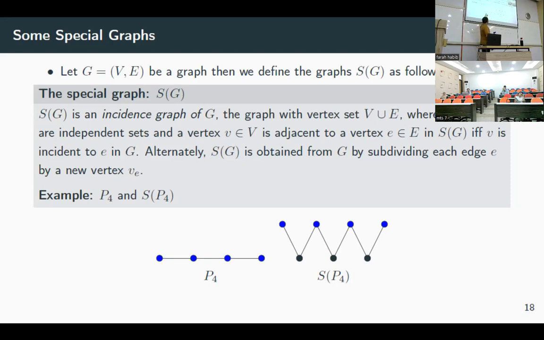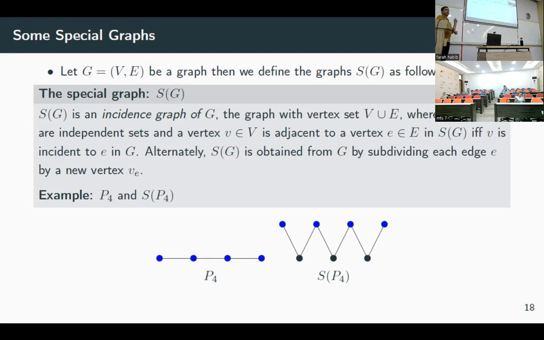So you can imagine there's an edge here, so we create a vertex. So there are 3 edges, so we create 3 vertices. And once we create new vertices, we connect the original vertex, which are blue, to these new vertices, which are black. So if we do it for every possible graph, then it is called the induced graph or S graph.